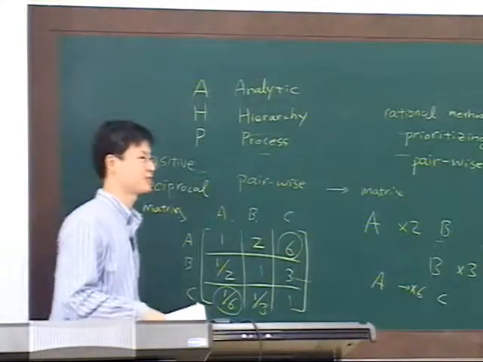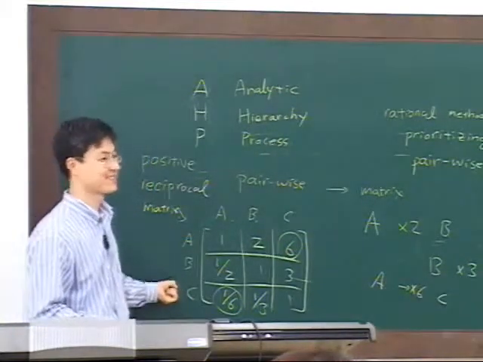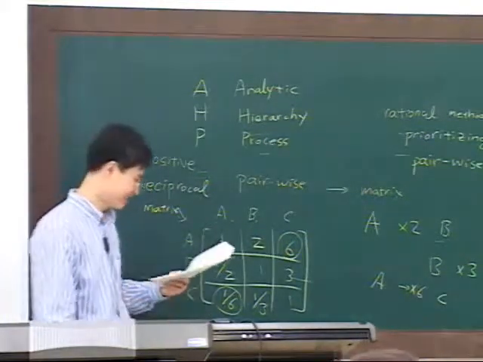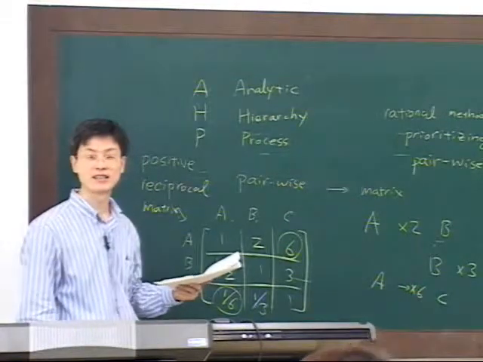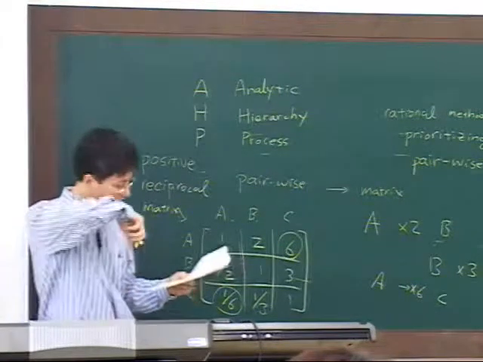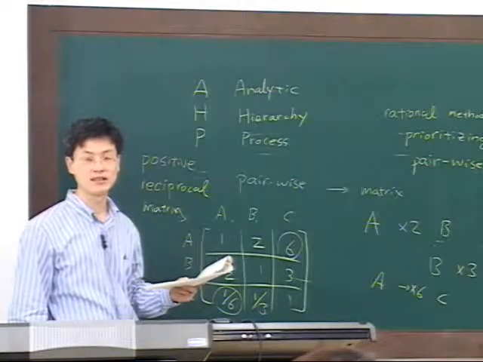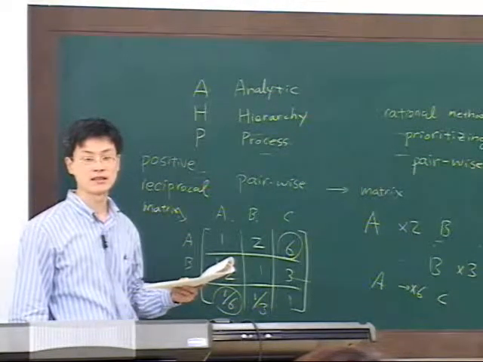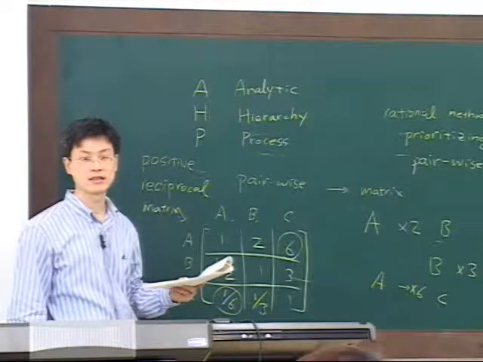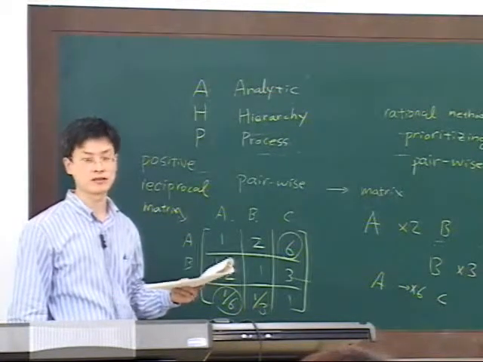Okay, 3 maybe, right? Yeah. According to the property of this positive reciprocal matrix, the minimum of the maximum eigenvalue is the order of the matrix.